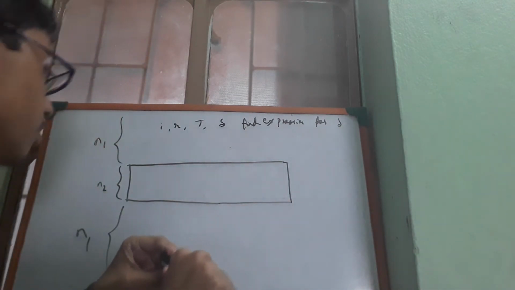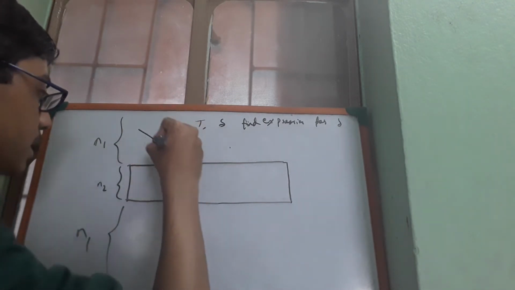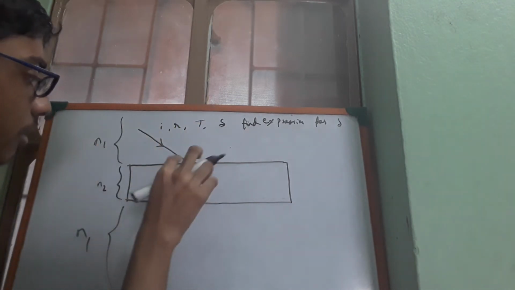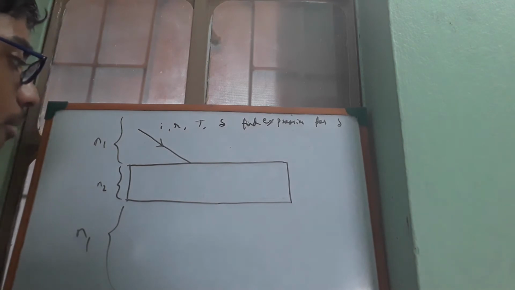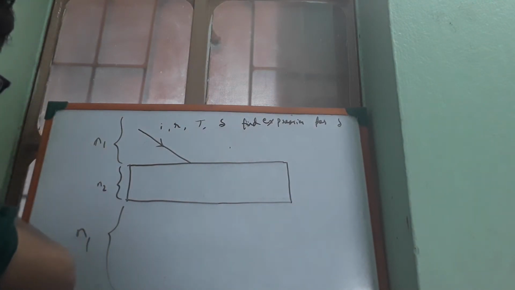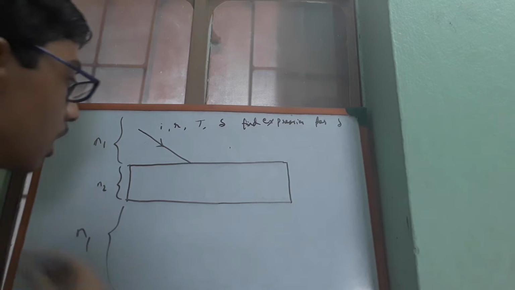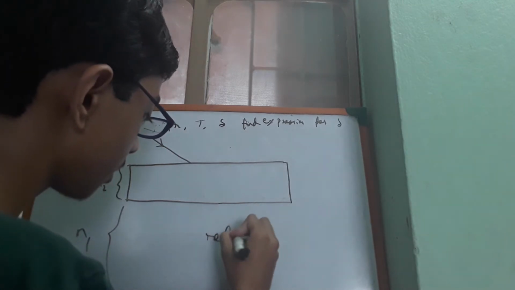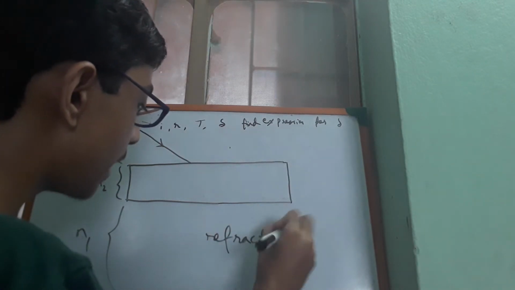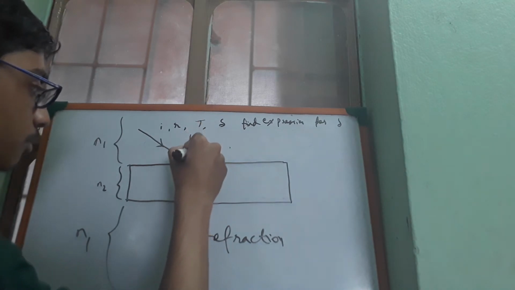So if light strikes one surface, as it is more dense, the phenomenon of refraction will take place. This is not reflection, this is refraction. So light will bend towards the normal. Let's draw the normal at this point.